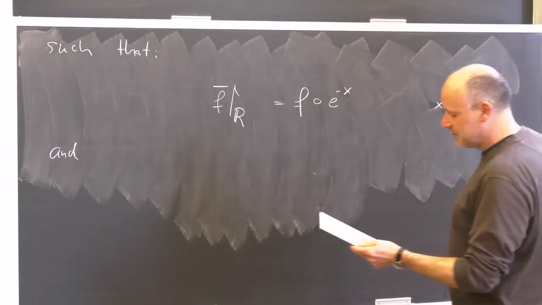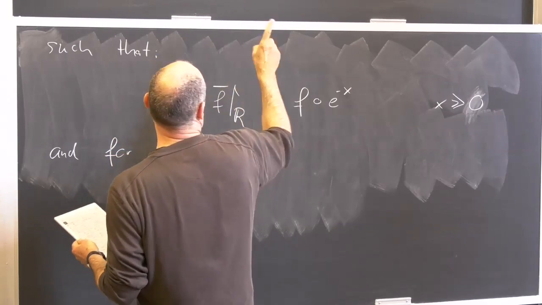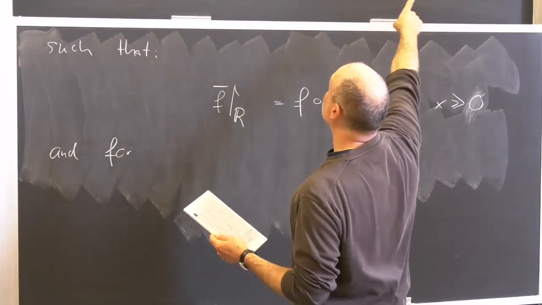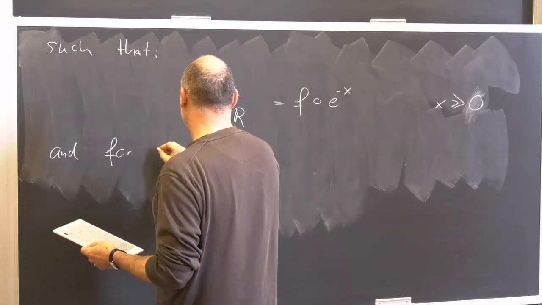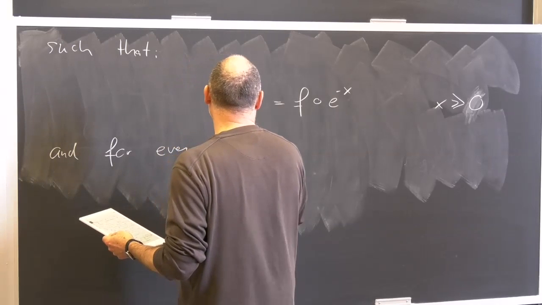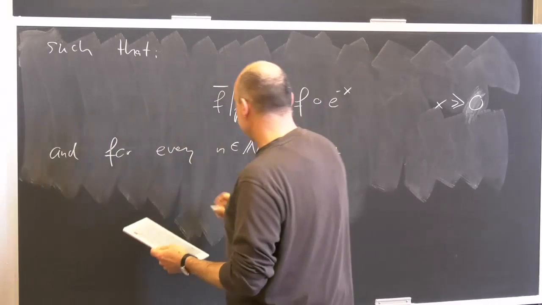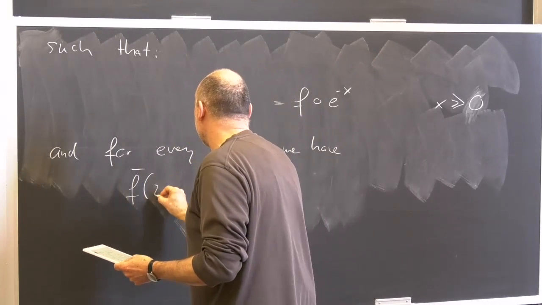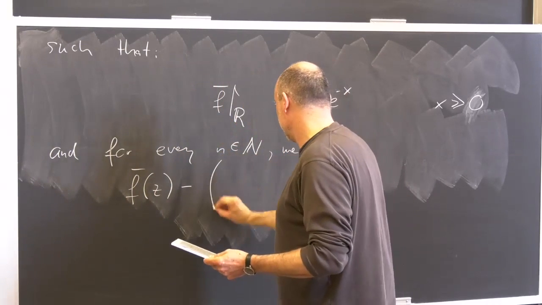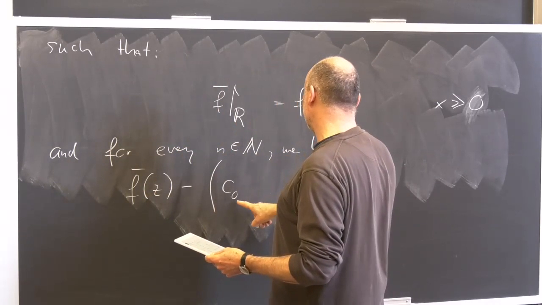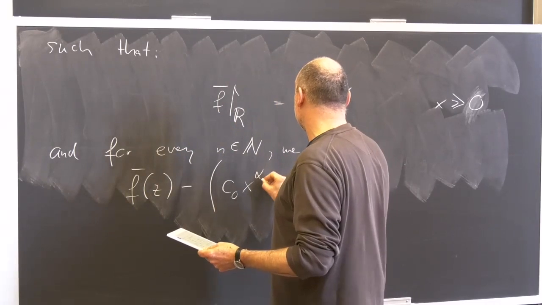And this holomorphic extension in turn has an asymptotic expansion, which is that series that I'm going to construct from this. Okay. So for every natural number n, f bar of z, if you subtract this, the series is going to look like this. The first term is just the constant C0 times x to the alpha 0.